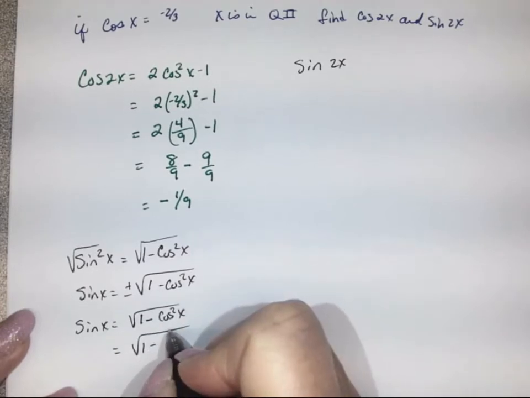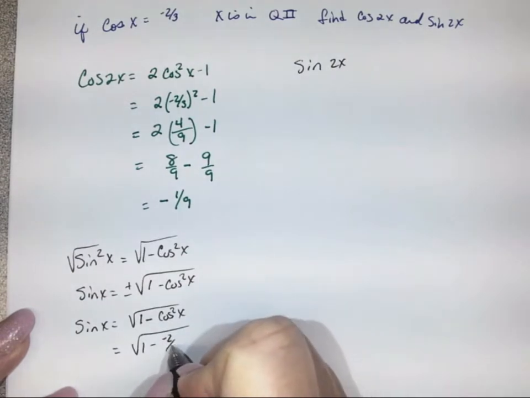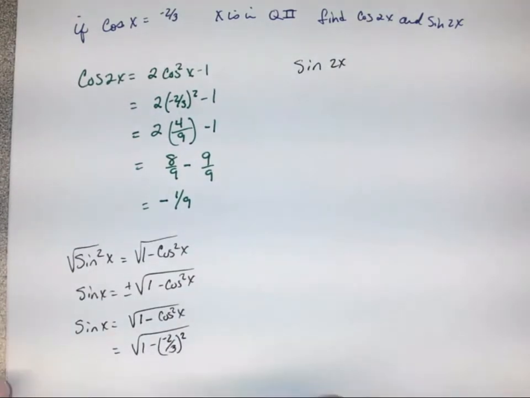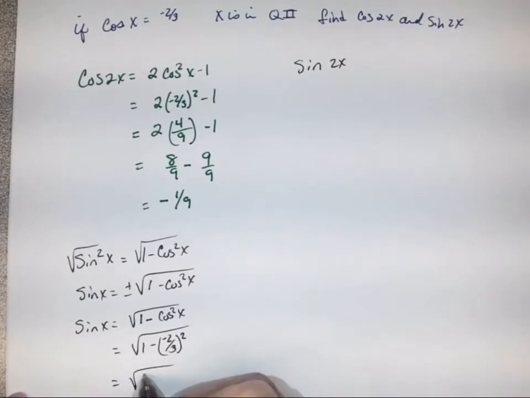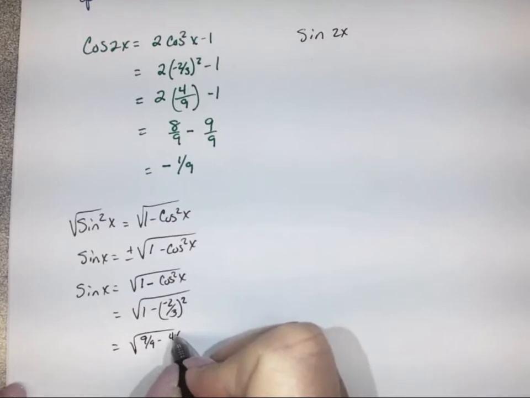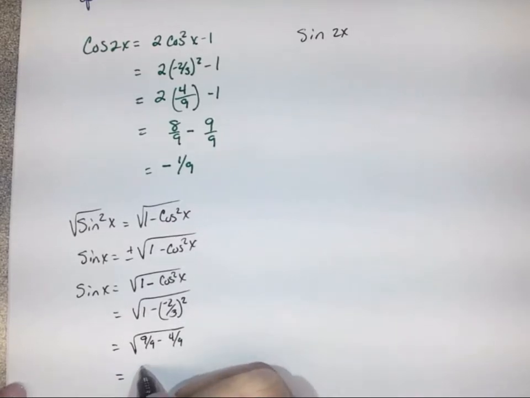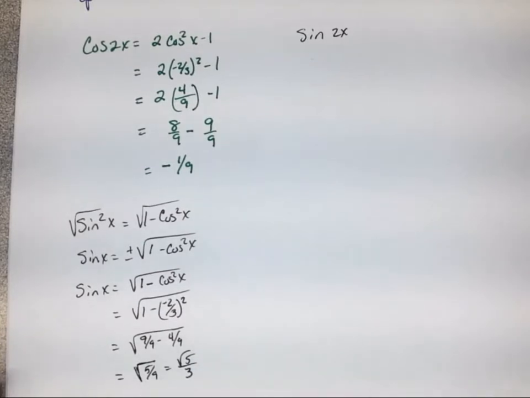And our cosine value is equal to negative 2/3. So this is going to turn into 4/9, so I'm going to write this as 9 over 9 minus 4 over 9. So that will get us the square root of 5 over 9, which will become the square root of 5 over 3.